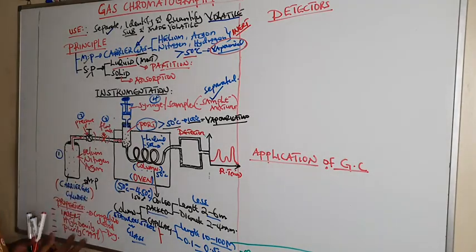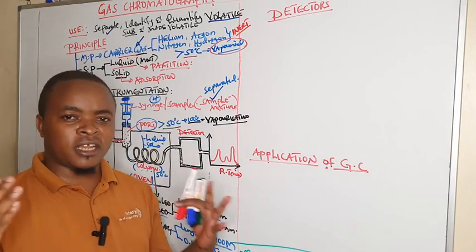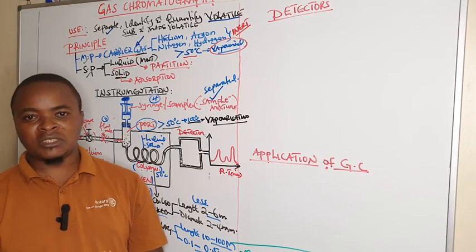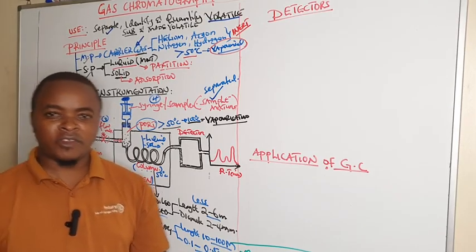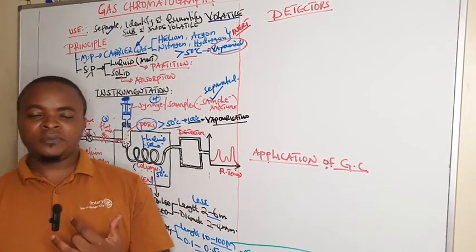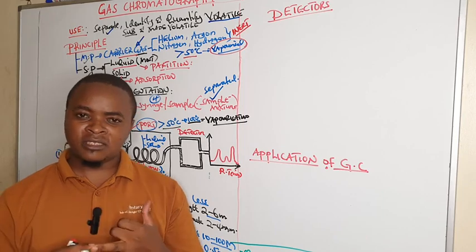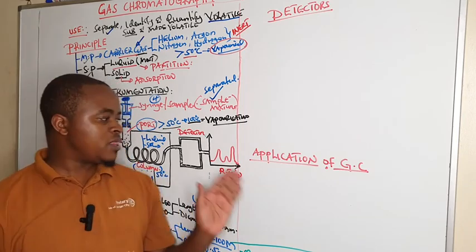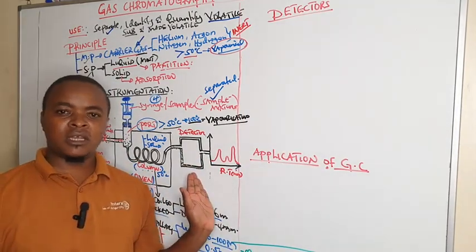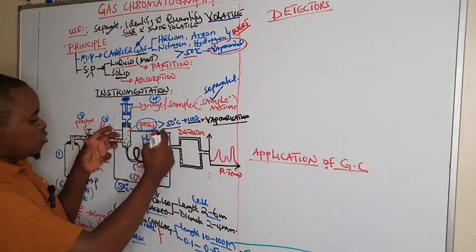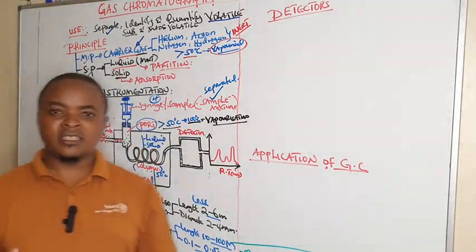So if they ask you in an exam to state any 4 or 5 characteristics of the carrier gas used in gas chromatography: 1, it should be inert or unreactive. It should have high density. It should be dry. It should be compatible with the detector system we use. And it should be thermostable, able to withstand high temperature.